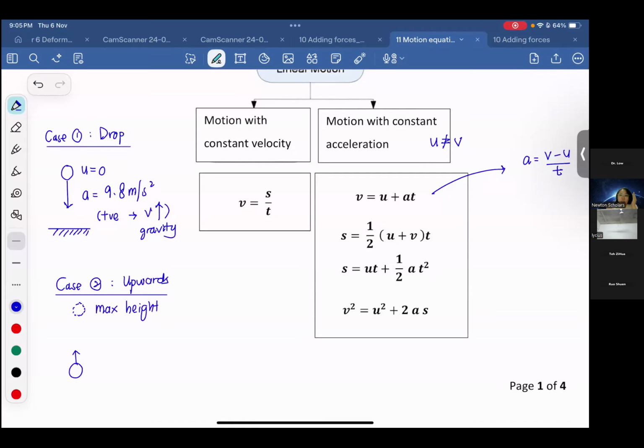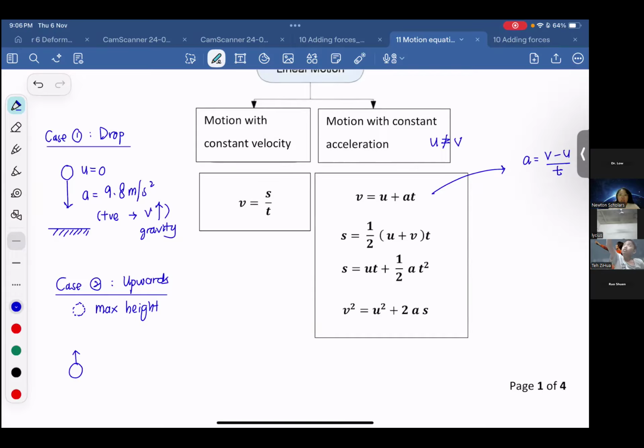So I want you to hold your eraser and then throw it. Observe. When you throw, what happens when it goes to maximum height? Is your speed increasing or decreasing until the maximum height? What do you think? When we throw something upward, we are against gravity. Agree or not?